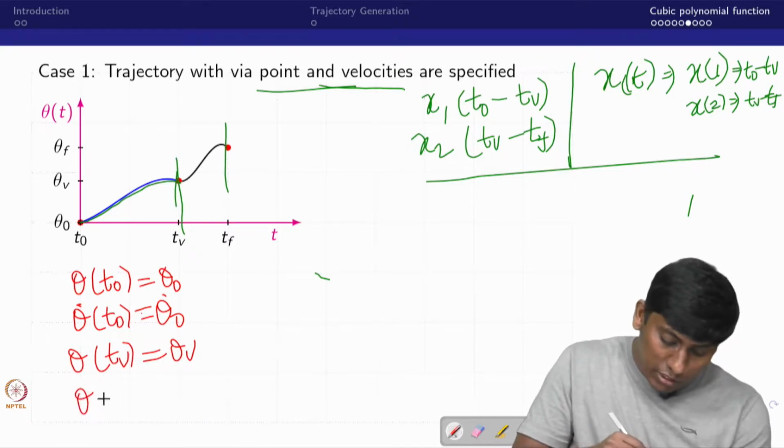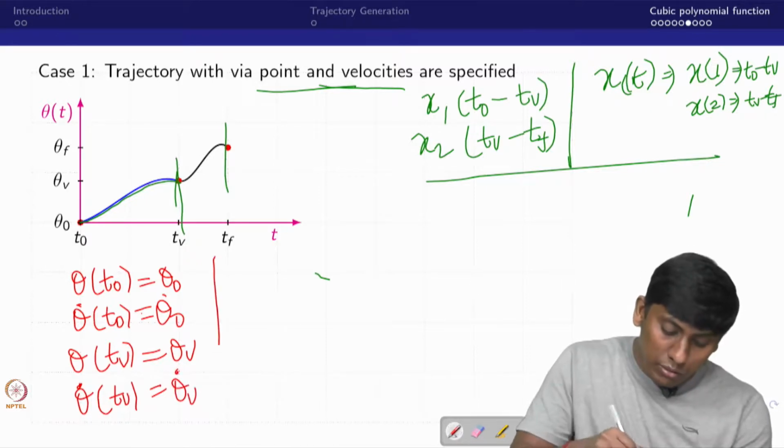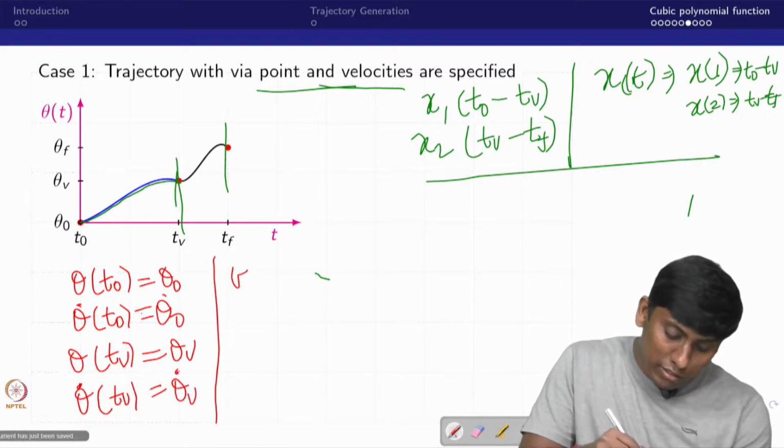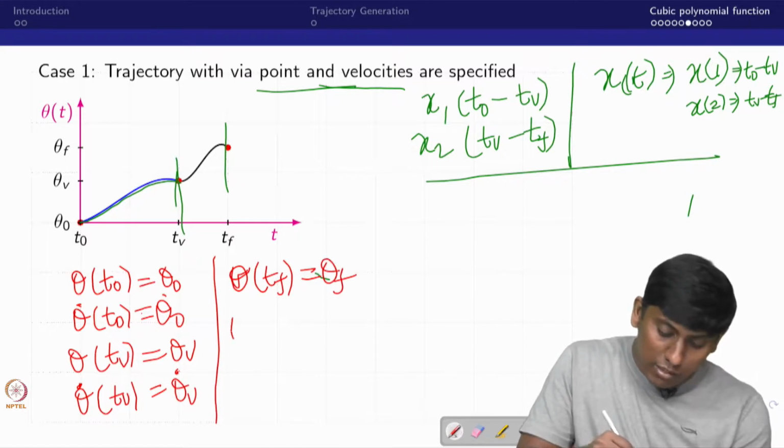So theta of TV is defined like this. The second segment ends at TF, which is theta f.